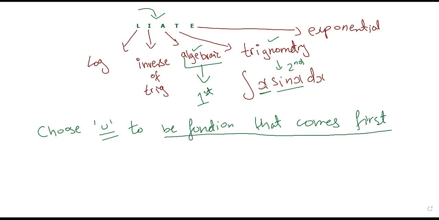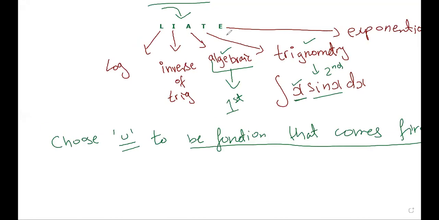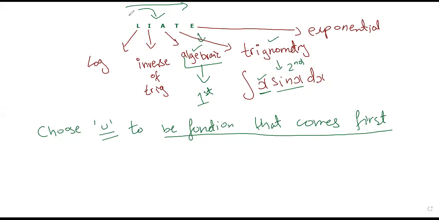Now you had x, you had sin x. x is an algebraic function, sin x is a trigonometric function. In this way, the algebraic function is coming first, so you will choose this as u, right? Do you get the trick? You can note it down because we will be using it for other questions.